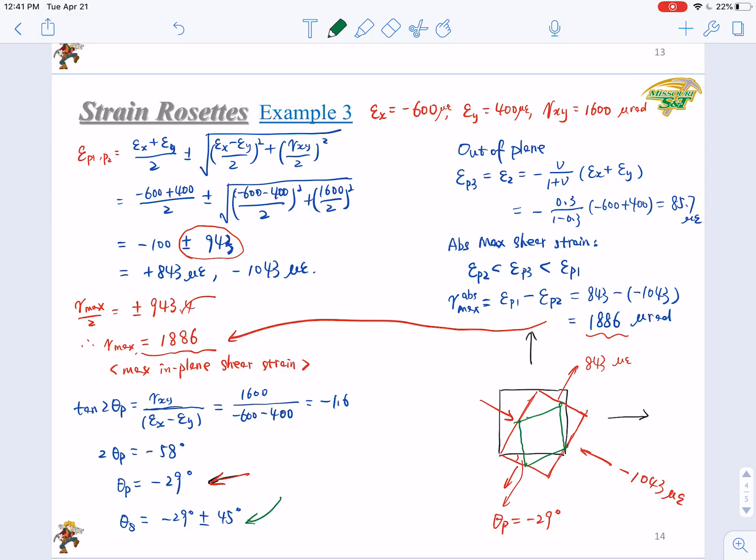What is the value of this angle here? It's smaller than pi over 2, so its value should be pi over 2 minus 1886 microradian. So this is a sketch of the principal strains and the maximum shear strain.